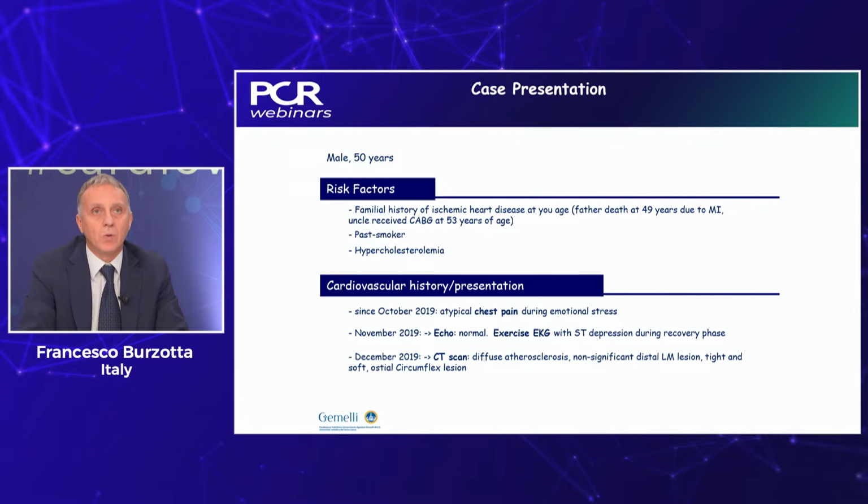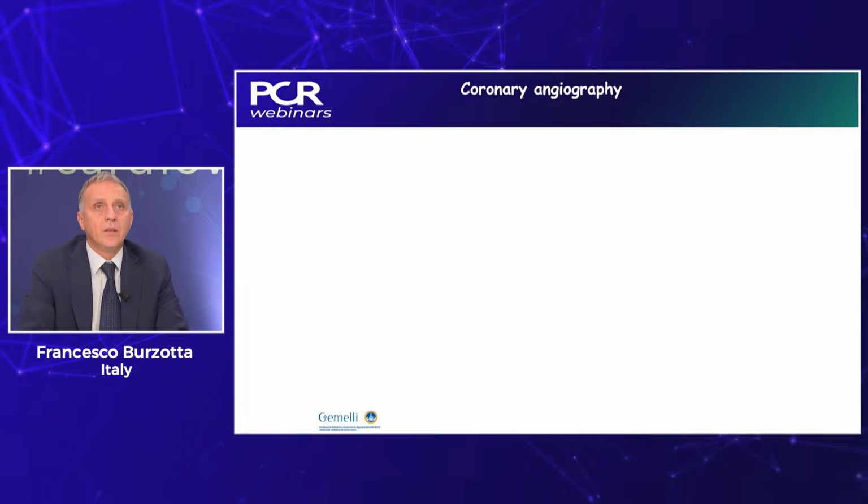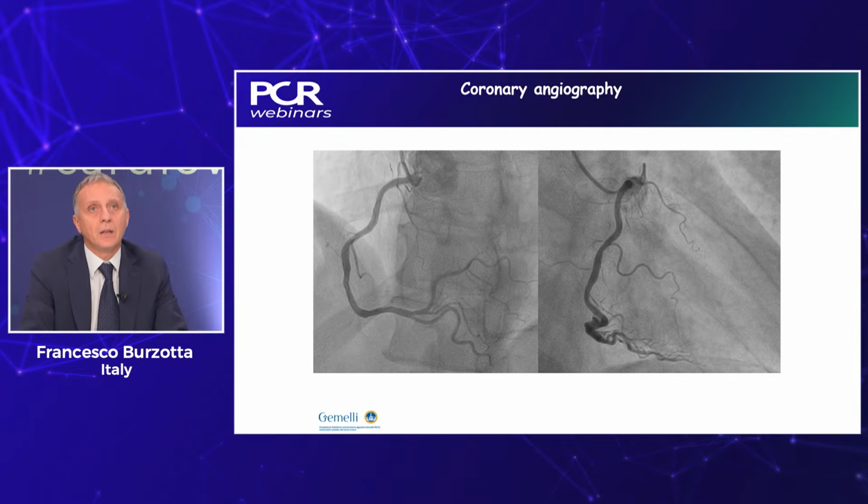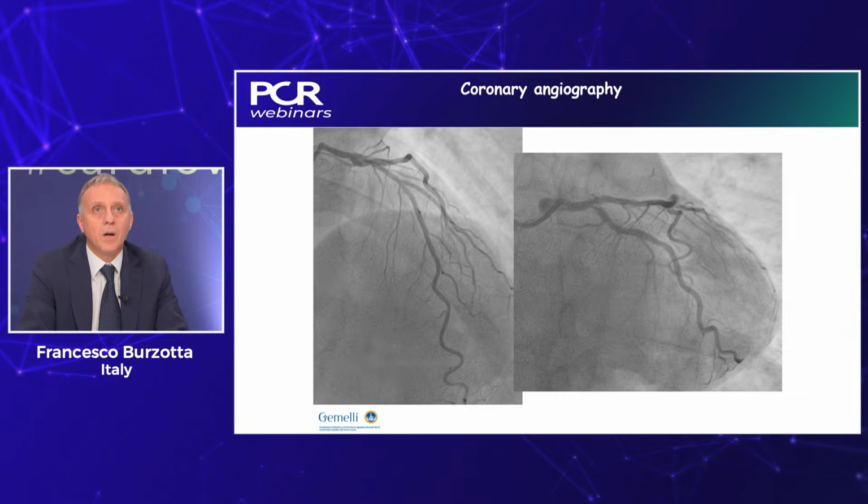So he underwent a CT scan that showed diffuse atherosclerosis in the distal left main and LAD and a tight ostial lesion of the circumflex artery. This is the coronary angiography. The right was unremarkable.